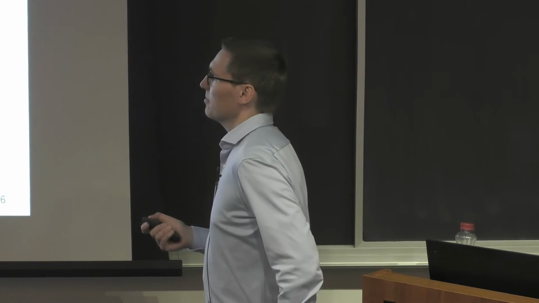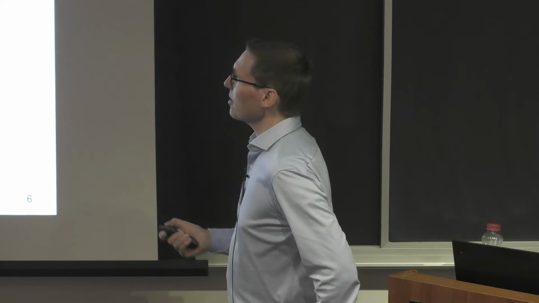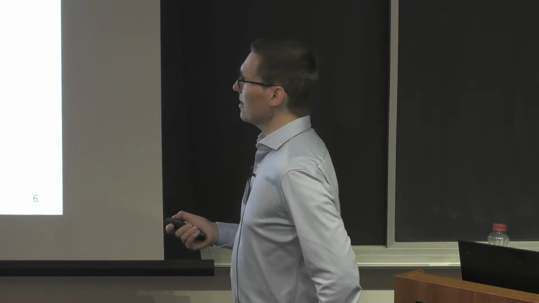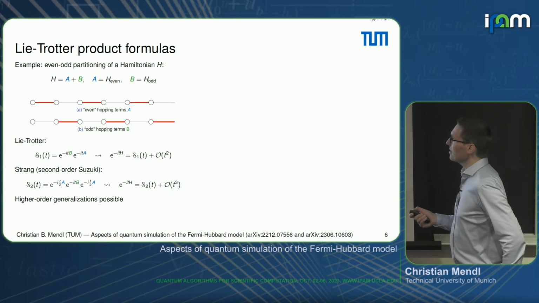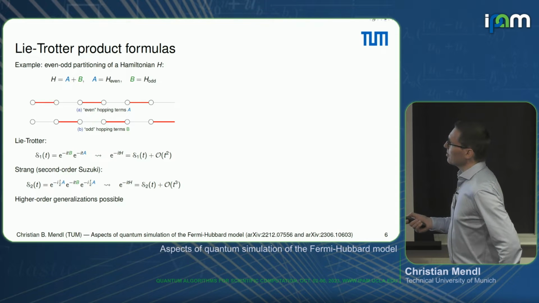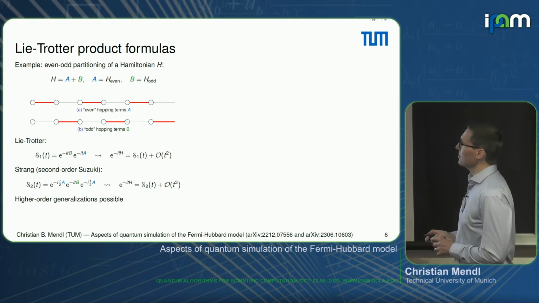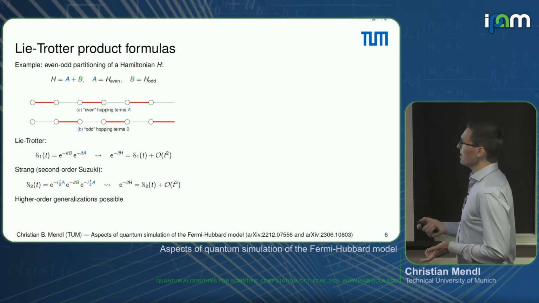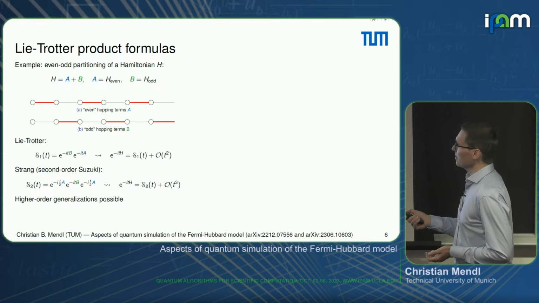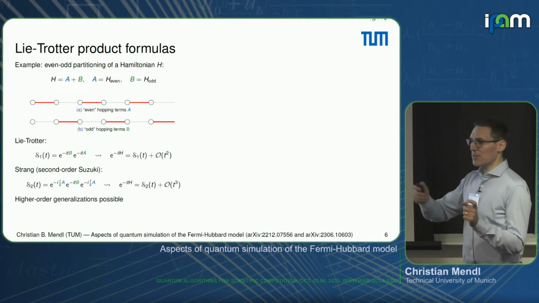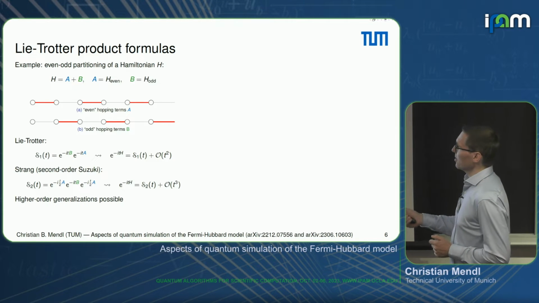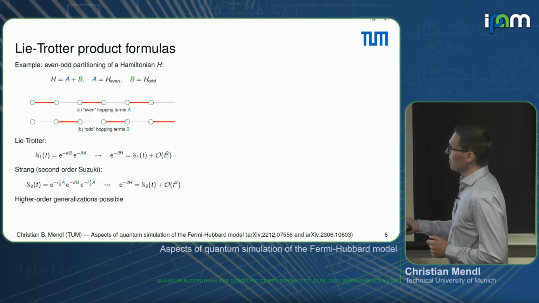The starting point are the Lie-Trotter product formulas, and the simplest instantiation of this idea is that you have a Hamiltonian which is partitioned into these A and B terms, and here we assume an even-odd splitting. Assume you have a 1D system, and the Hamiltonian consists of hopping terms on a 1D lattice, and then you just partition them into even-to-odd and odd-to-even hopping terms.